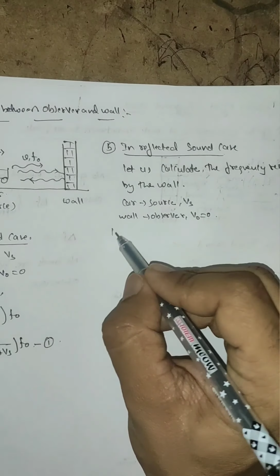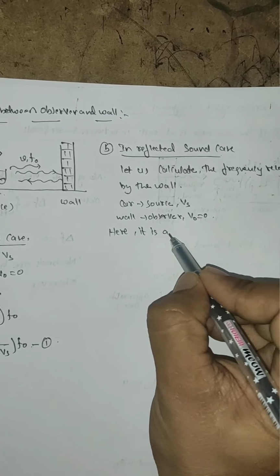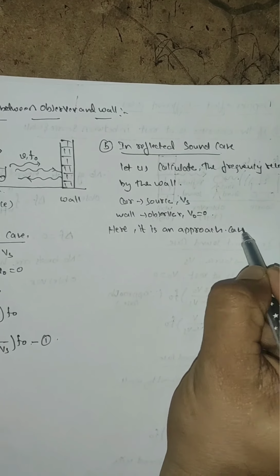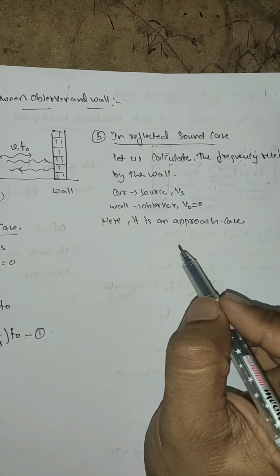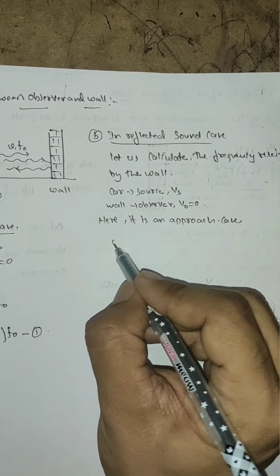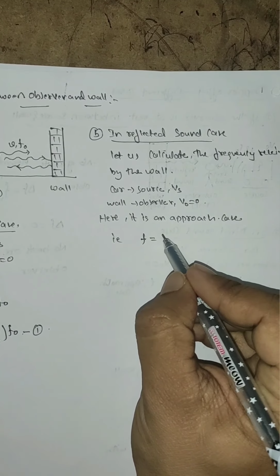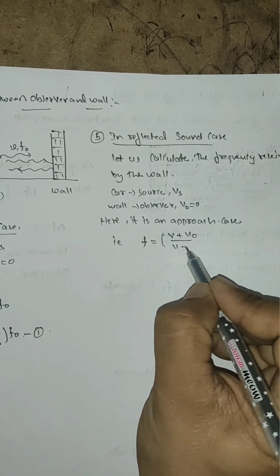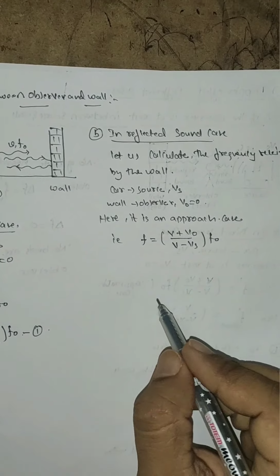Now it is the approach case, so in the general formula we apply the upper sign: apparent frequency equals (V plus V0) by (V minus Vs) into f0.